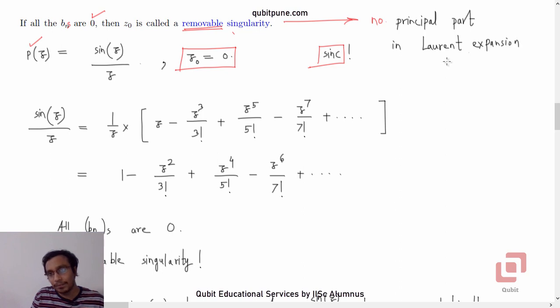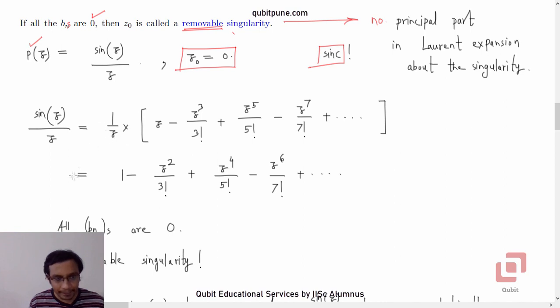About the pole, well, about the singularity. All the bn's are 0, which means the same thing: no principal part. Now again, let's take the help of the Maclaurin's expansion of sin z.